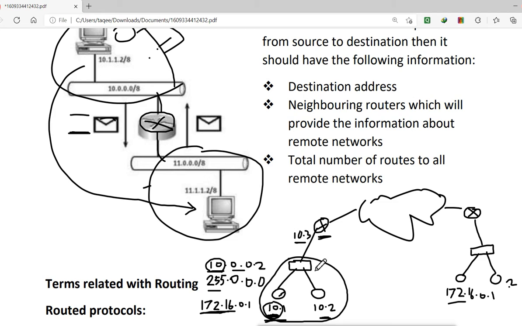All the machines in this network must know that this is our gateway, and that is why they have the gateway in the same network, so that they can connect. So they have to know that this is the gateway IP address, the IP address of the router that we can reach.